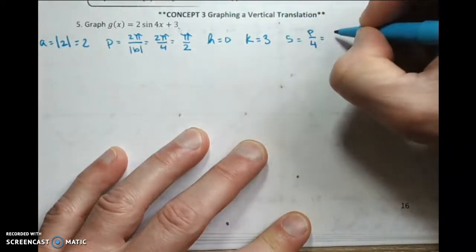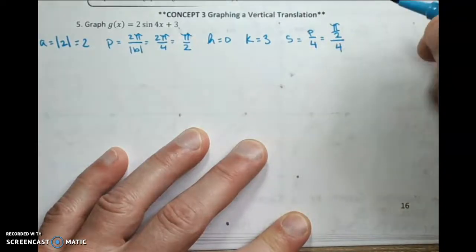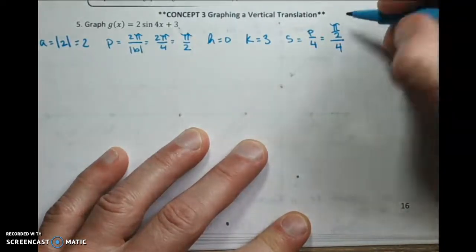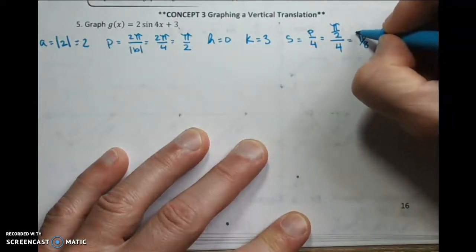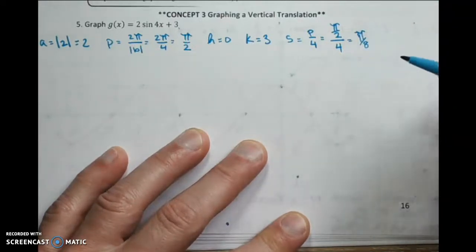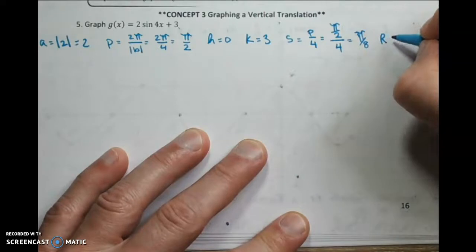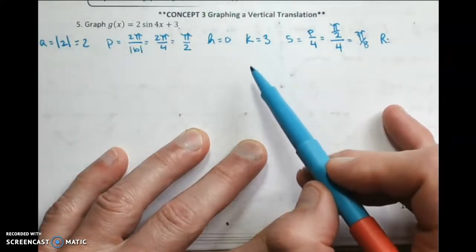My scale is pi over 4. So in this case, I have this pi over 2 all divided by 4. There is a shortcut here. I can multiply that 2 times 4. Really, it's pi over 8. Copy dot flip as well works. And then also our range. And this changes because I have that vertical shift up or down, right?